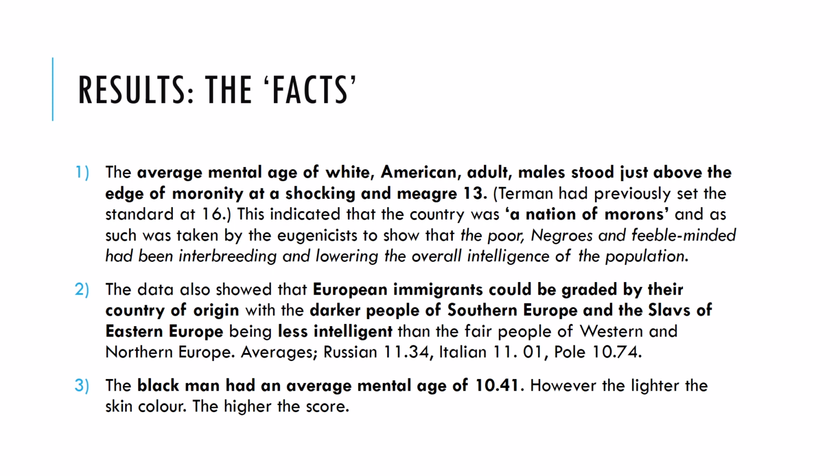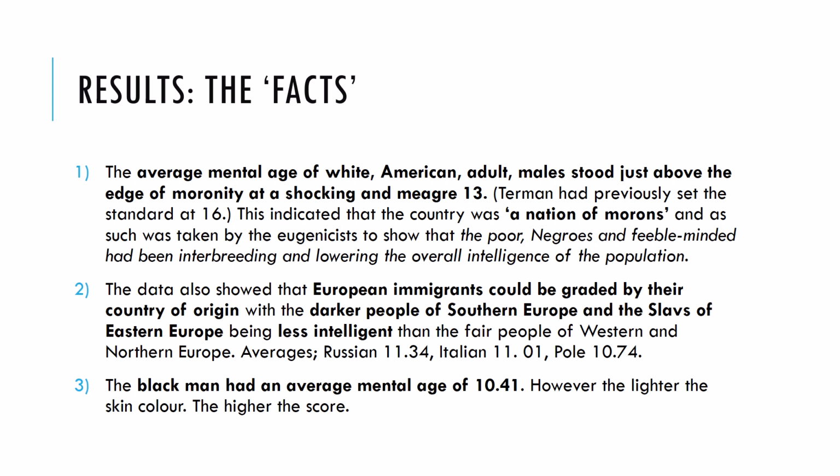So this indicated that the country was a nation of morons, and was taken as such by some researchers who look at genetics to show that the poor, the Negroes and the feeble-minded had been interbreeding and lowering the overall intelligence of the population of America. So it's twisted in that negative way, because it was lower than they wanted it to be.